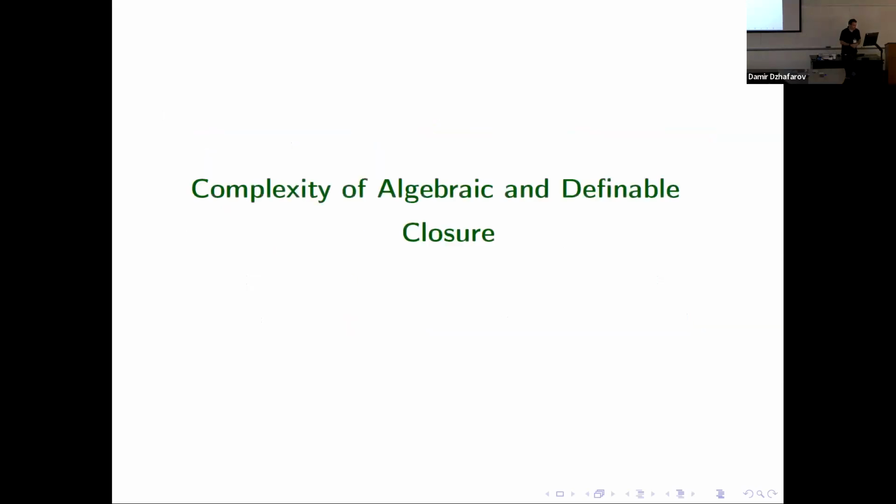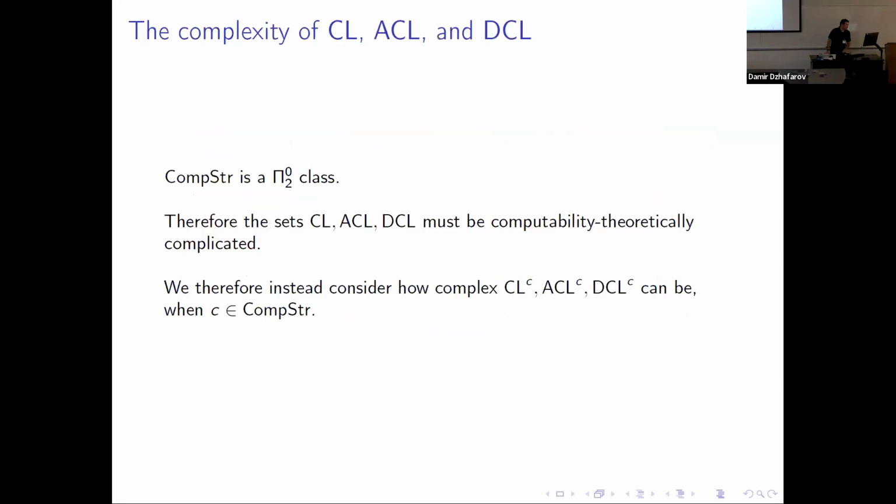Okay, so now let's look at the complexity of the algebraic closure and definable closure relations. The first thing to notice is that this class of all structures is a pi02 class. This is kind of problematic for actually studying the full capital ACL and capital DCL, because even ignoring any information about formulas, we already have a pi2 collection just by considering all of the structures.